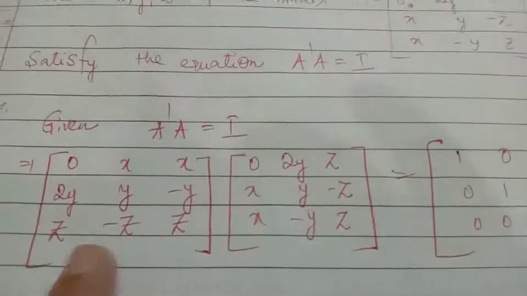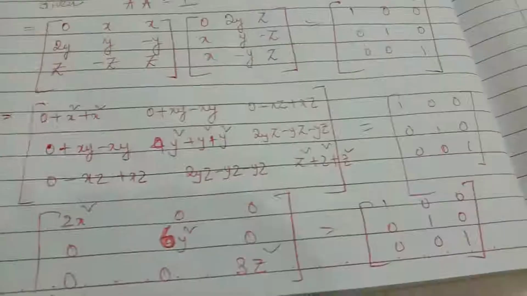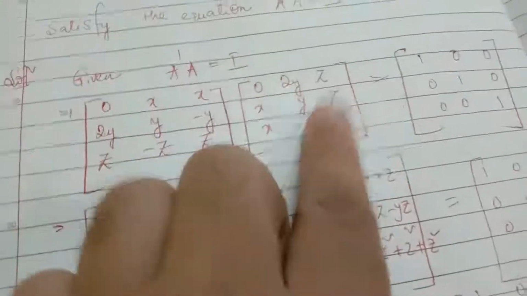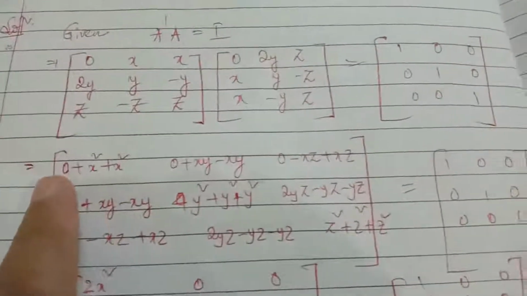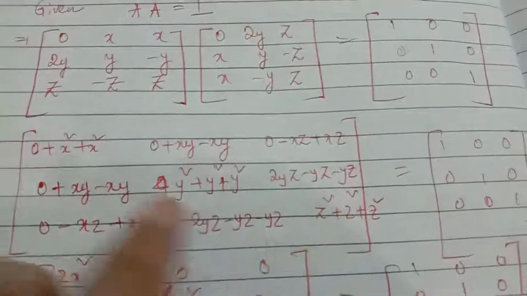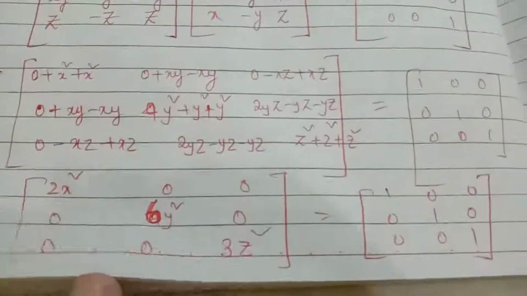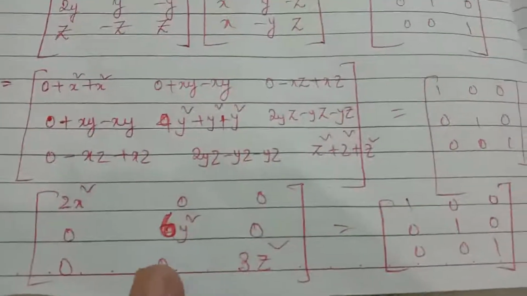Now multiplying these two, we will get this matrix, and after simplification the product of these two matrices will be this.